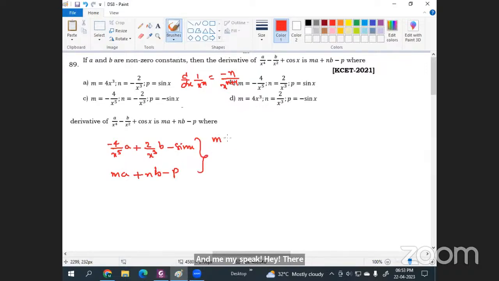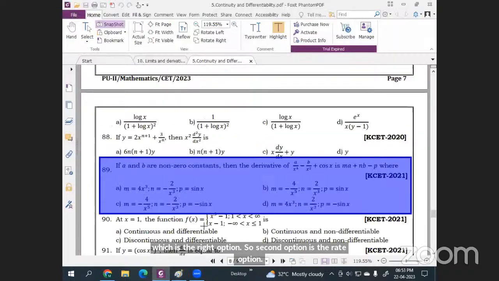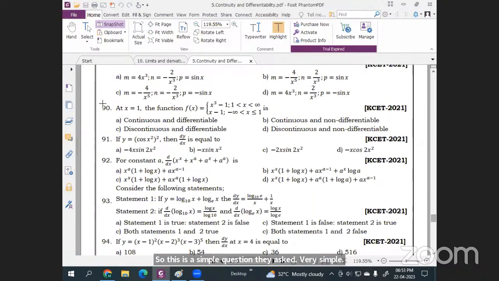So what is M? M equals minus 4 by x power 5, N equals 2 by x cube, and P equals sin x. So which is the right option? The second option is the right option. Right? See, this is a very simple question they asked. Next. We'll check for this one at x equal to 1.